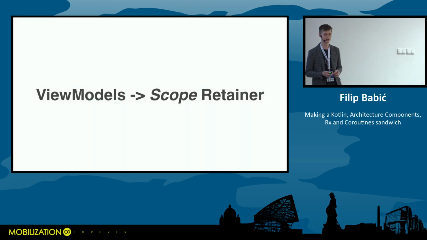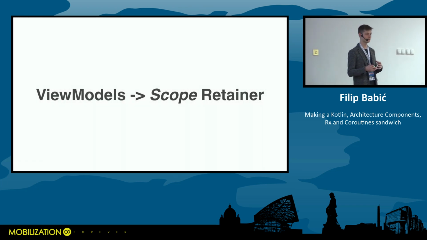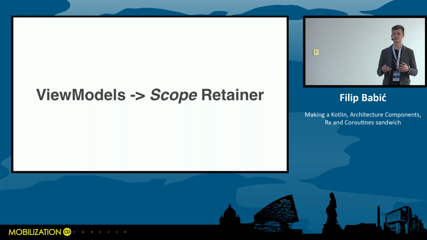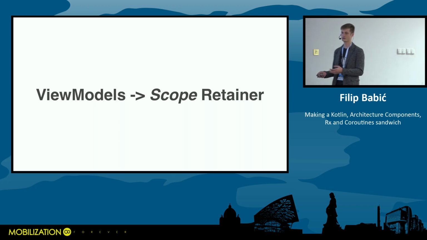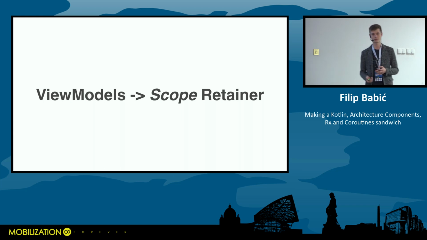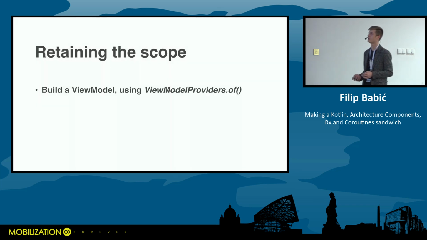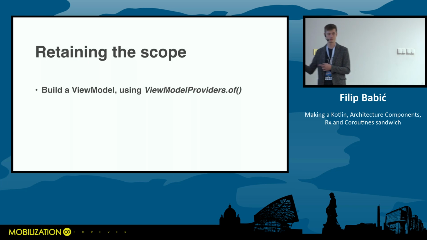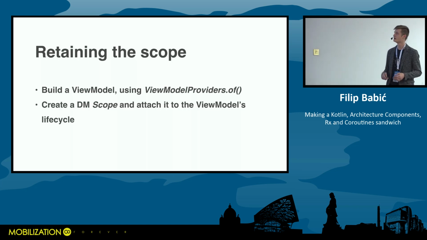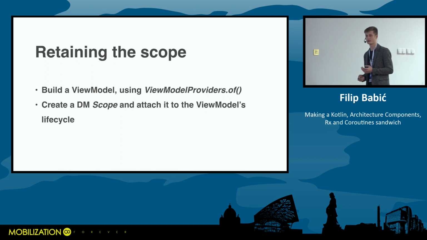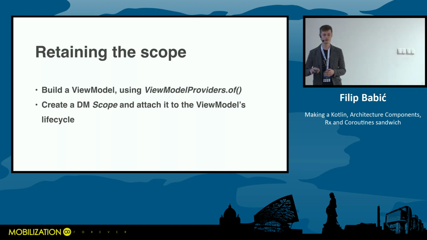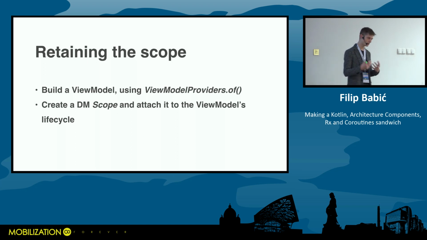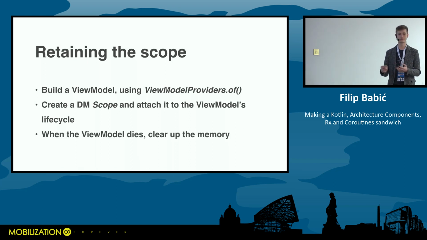If you think about view models, once they are bound to a certain Android component, like the activity or the fragment, they persist through the orientation change. So our scope retainer is actually a view model, right? We bind the view model using view model providers to an activity or a fragment component, and we create a dependency management scope in Koin, attached to the view model's lifecycle. And once the view model dies, we automatically clean it up.